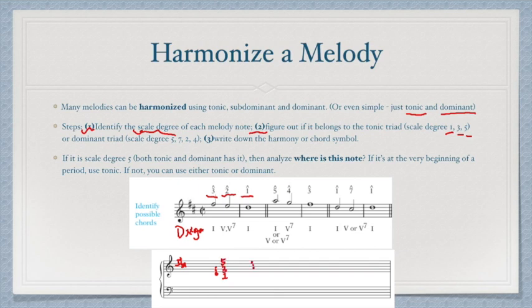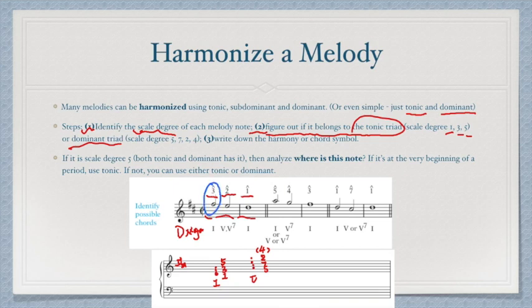And this dominant triad is 3, 7, 2. Or if we want to write a dominant 7th, then it is also 4. So step 2 is about figuring out if it belongs to the tonic triad or dominant triad or even dominant 7th.